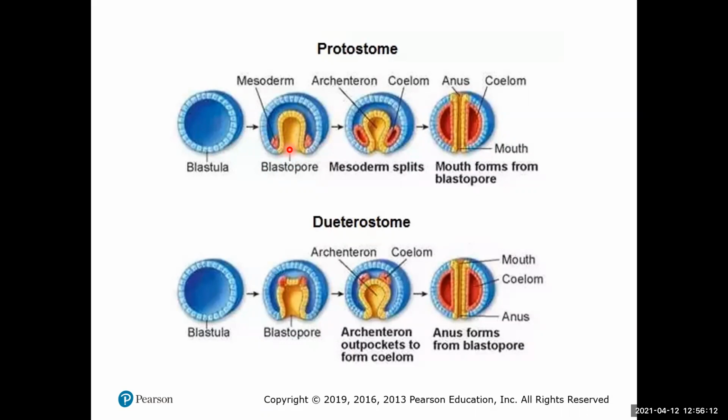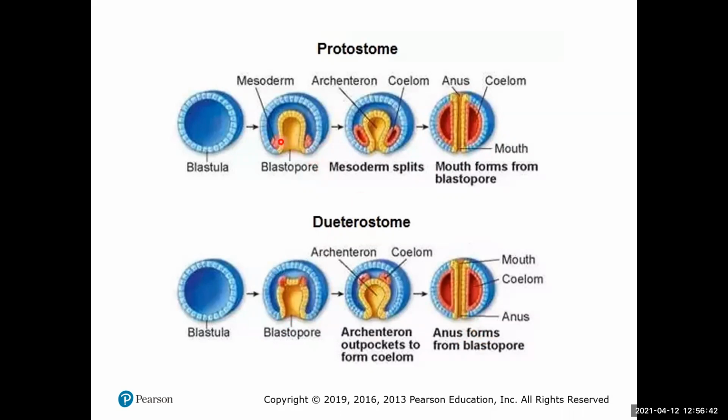Okay? One way to know whether or not the animal is a protostome or a deuterostome is the final function of this initial opening. In protostomes, this opening forms the mouth, like you see here. In deuterostomes, that opening forms the anus, like we see here.